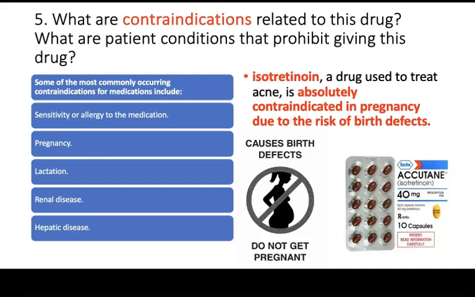Additionally, with lactation, if the mother is breastfeeding, there is a contraindication in that the medication may be expressed in the breast milk. Additionally, if a patient has kidney disease or renal disease, there potentially may be complications that occur because the kidneys are not going to excrete the drug.